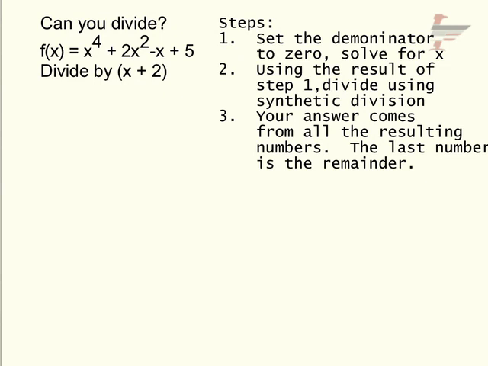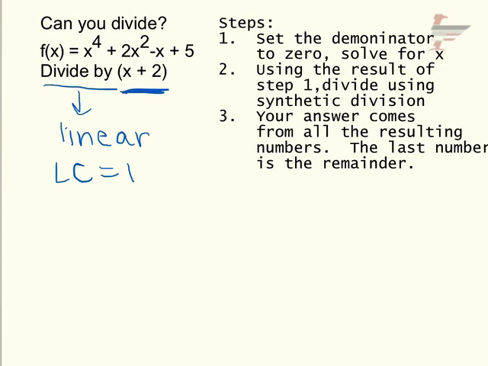So the first process when you divide is if you're dividing by a nice linear function like x plus 2 or x minus 5 or whatever, and the coefficient is equal to 1. So what you divide by must be linear, and the leading coefficient has to be 1 in order for this following process to work.